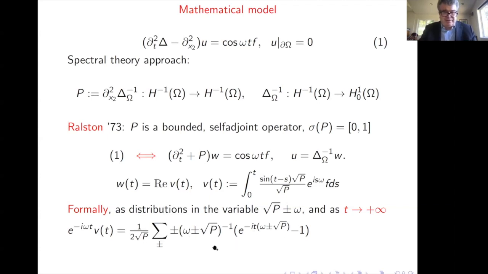And when you do the integral, you get this expression here for v of t. w is the real part of that. And then if P plus or minus omega were invertible, then this actually converges to this. This is in the sense of distributions as time goes to infinity.